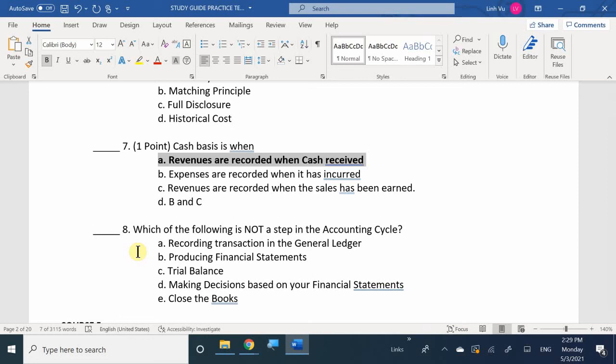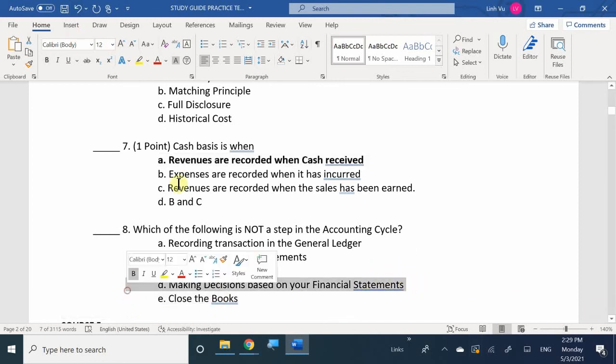You don't need to make any suggestions or decisions. That's going to be subject to whoever's involved, such as your profit managers, your marketing managers, your sales manager. So no, you do not make decisions on making your financial statements. You just produce it. That's it.